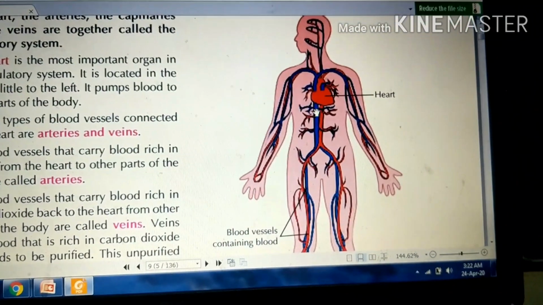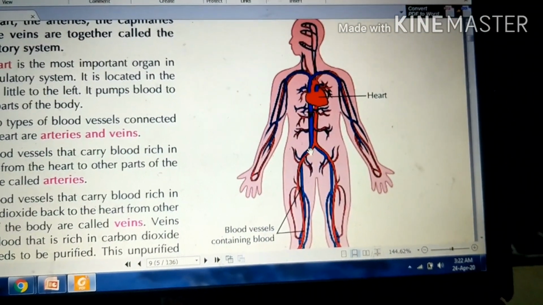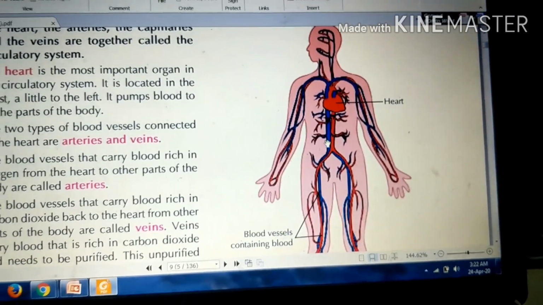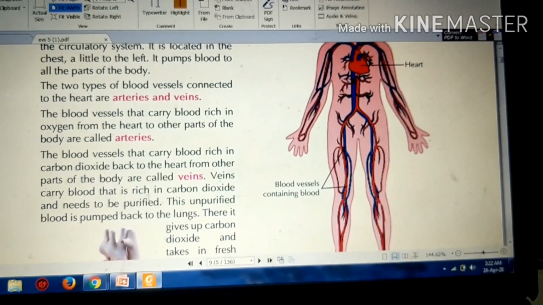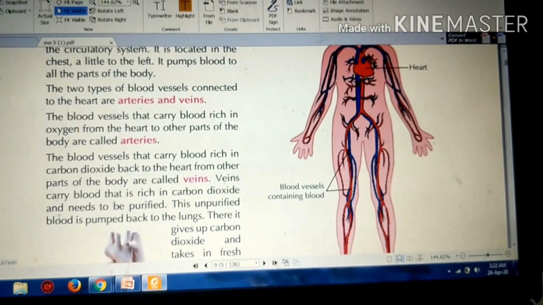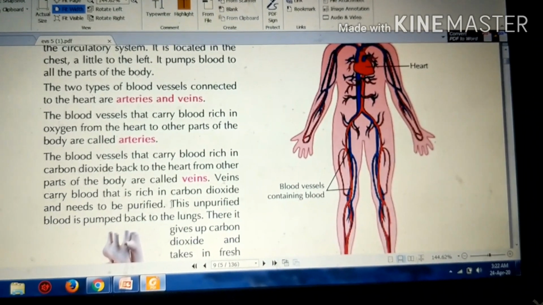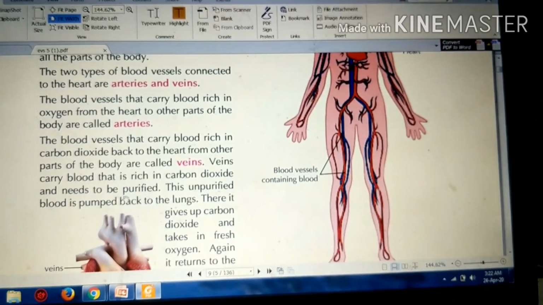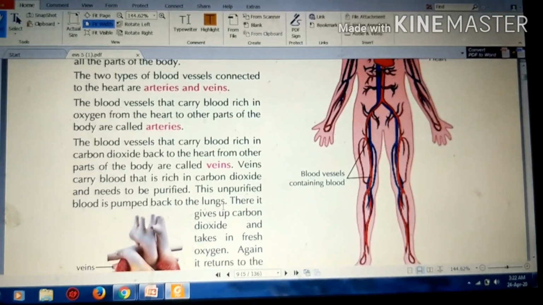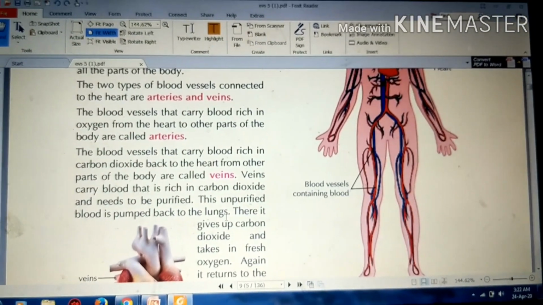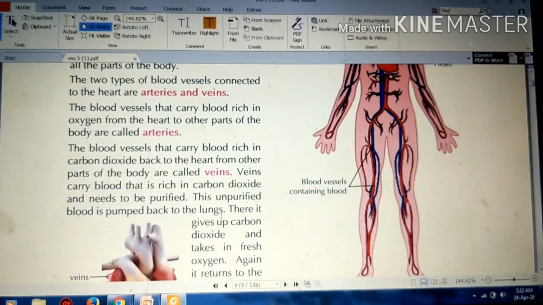So veins are bluish in color because they carry carbon dioxide-rich blood. Veins carry blood that is rich in carbon dioxide and needs to be purified. This unpurified blood is pumped back to the lungs, and we know that from the lungs the carbon dioxide is exhaled from our body.